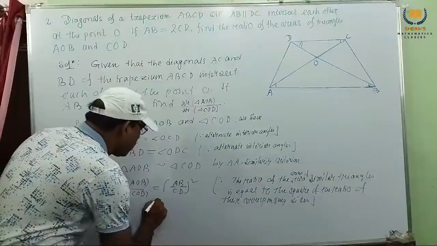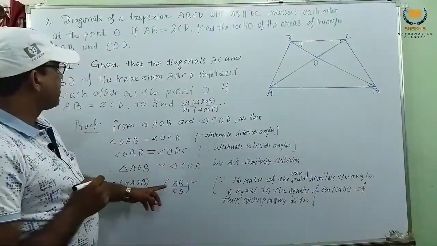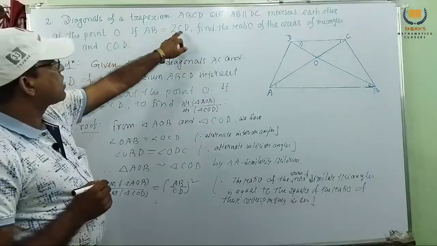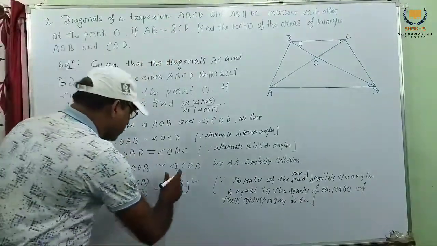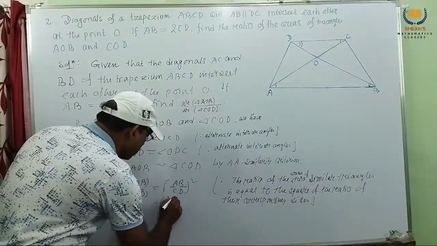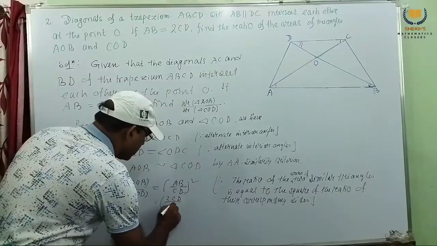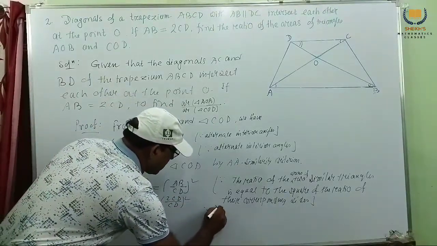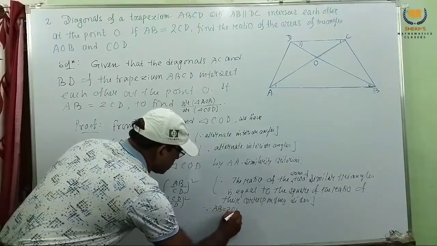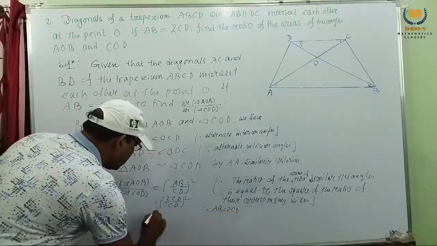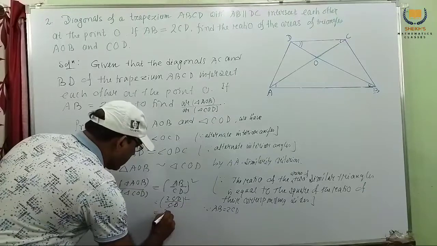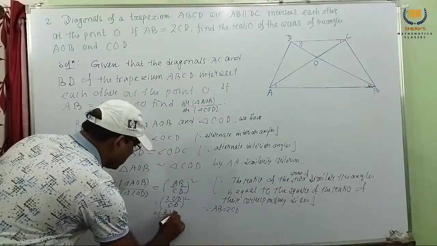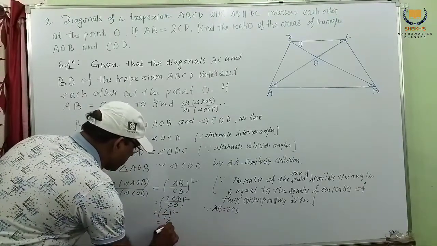Again, we know the value of AB. AB equal to 2 times of CD, this is given. Putting AB equal to 2 CD, CD cancels, we get 2 by 1 whole square. This is 4 by 1.